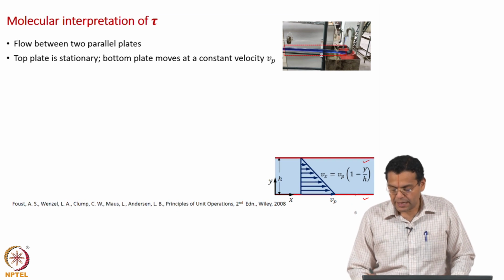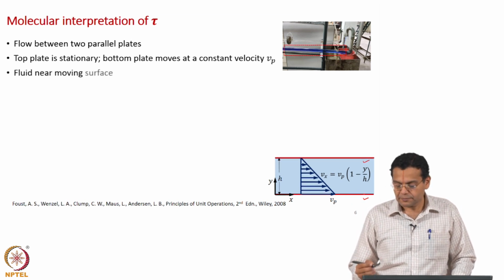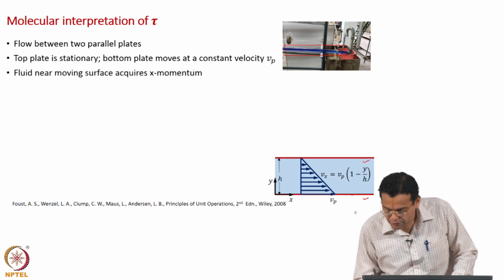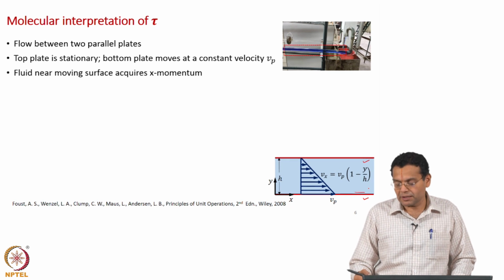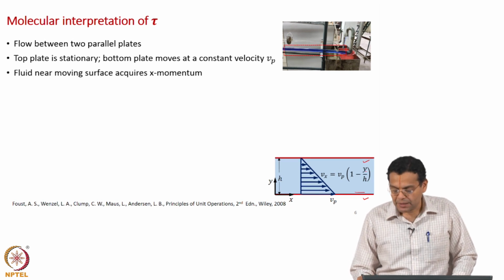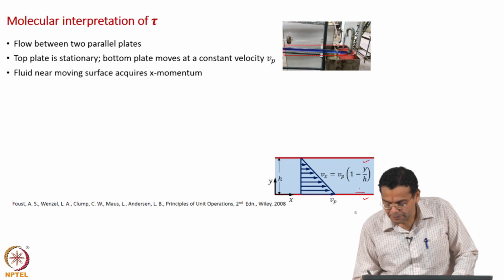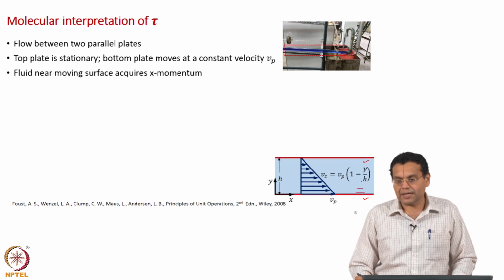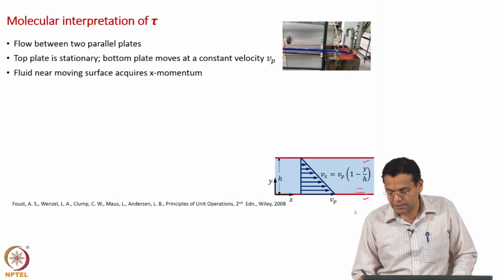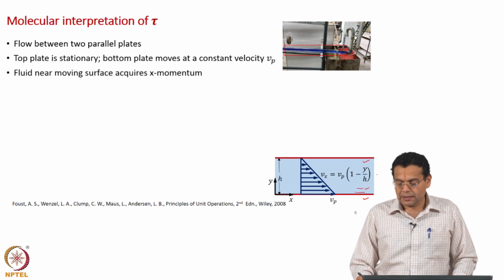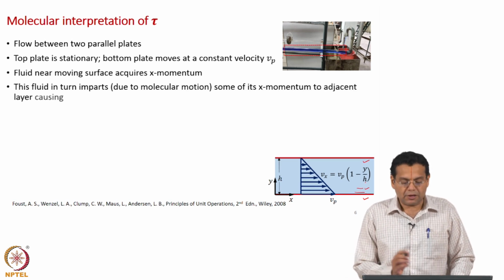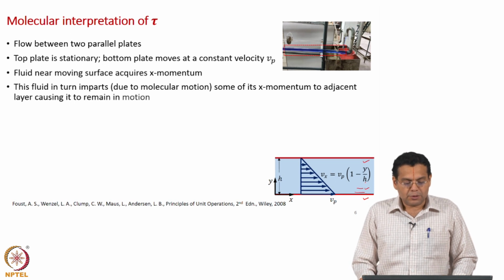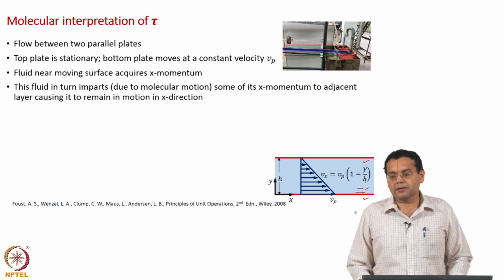This bottom plate has some momentum, and the fluid moving near this plate acquires some momentum from this plate, and that imparts to the fluid above that. So, the fluid near the plate imparts some of its x momentum to the adjacent layer, causing it to remain in motion in the x direction.